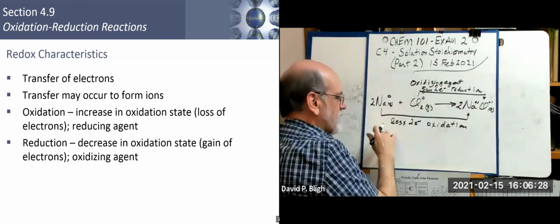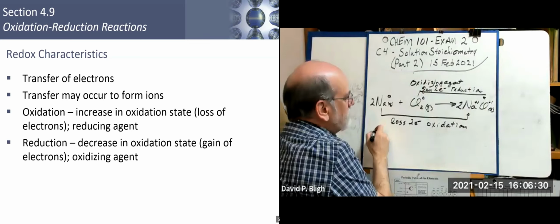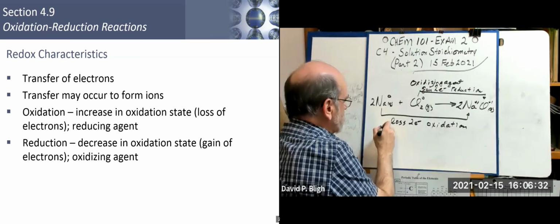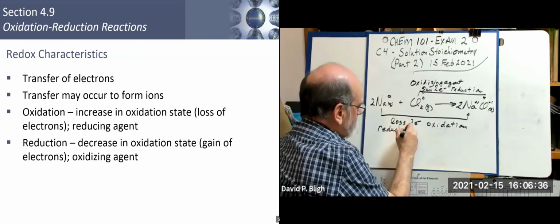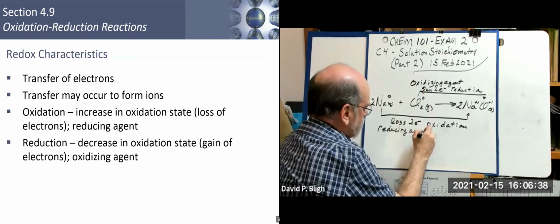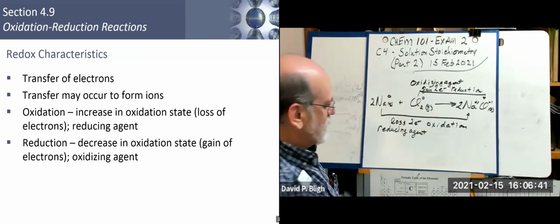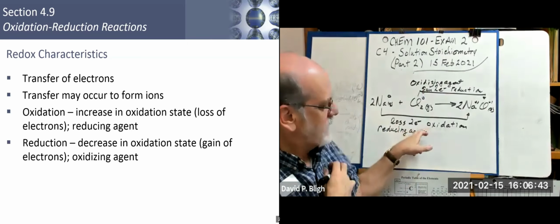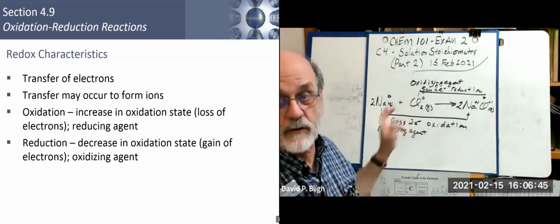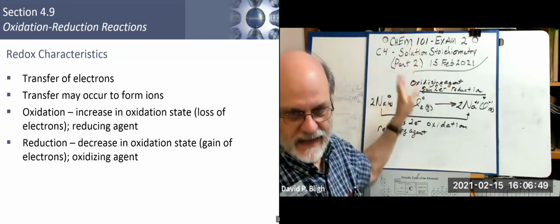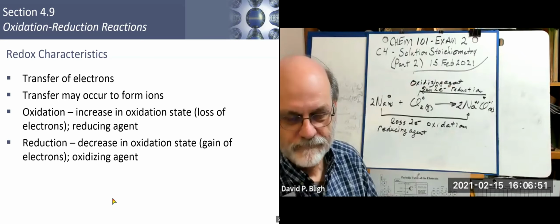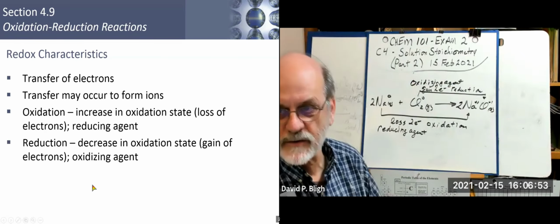Vice versa, this one is the reducing agent. Okay? So if it becomes oxidized, it is a reducing agent. And if it becomes reduced, it's an oxidizing agent. That's what this little blurb says right here.